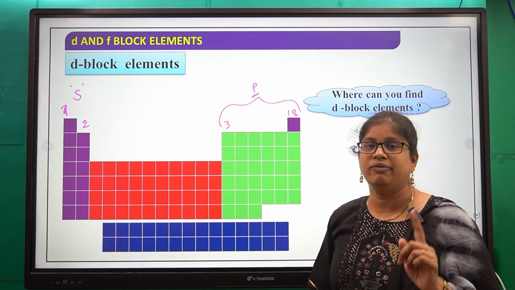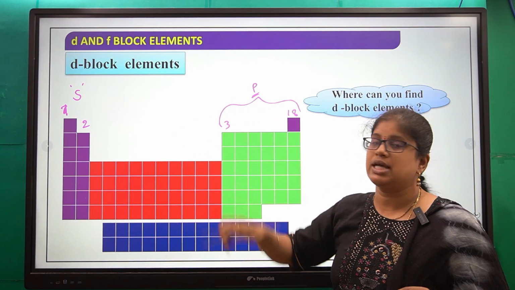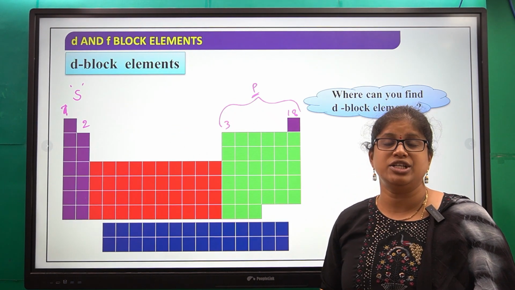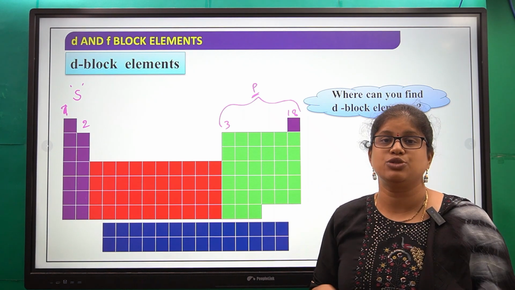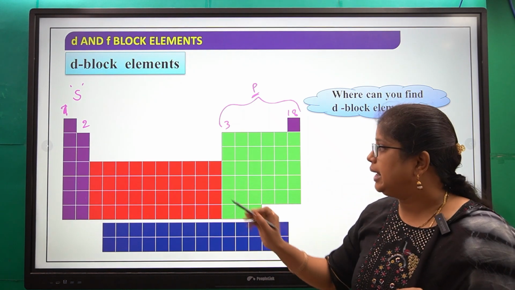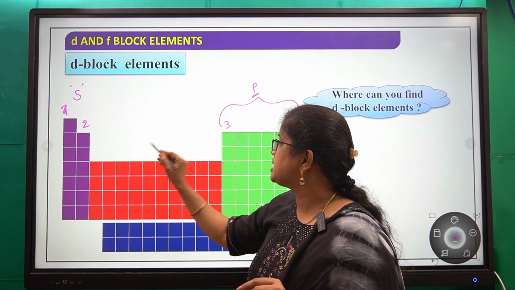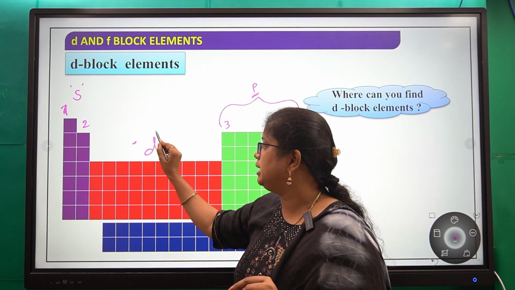And you should remember one more point: in S and P block elements, the differentiating electron enters into the outermost shell, that is, the valence shell. But D block elements are placed in between S and P block.